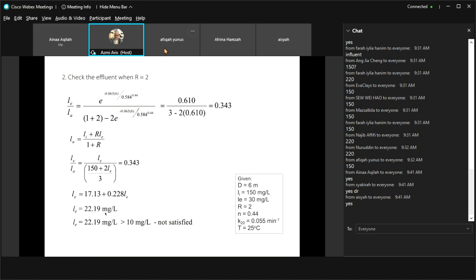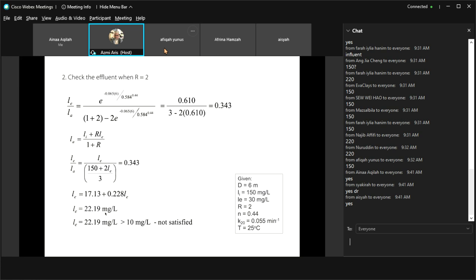So just now, our R initially was 5, and BOD effluent is 30 milligram per liter. Now we change R to 2 and we get LE equal to 22.19 milligram per liter, which is still higher than 10 milligram per liter. So the question is now, can we do that?